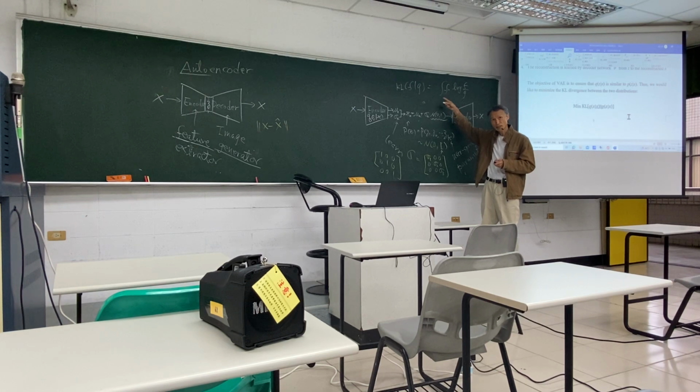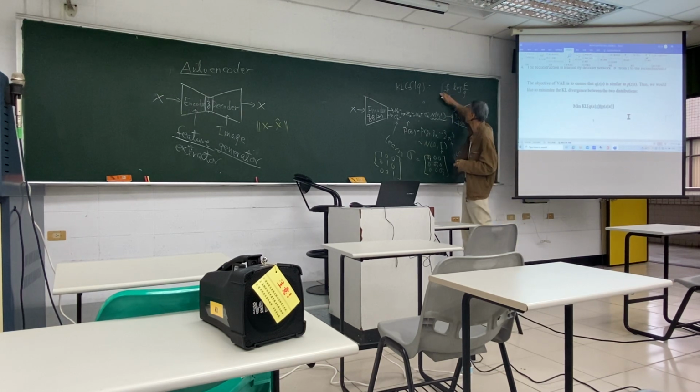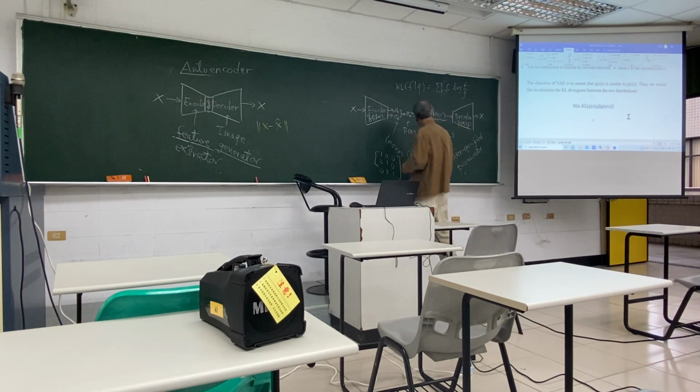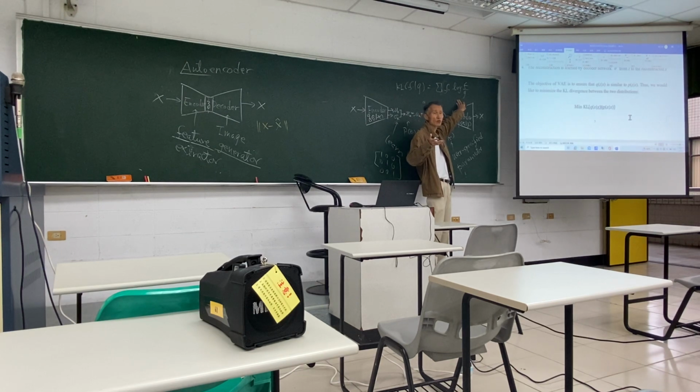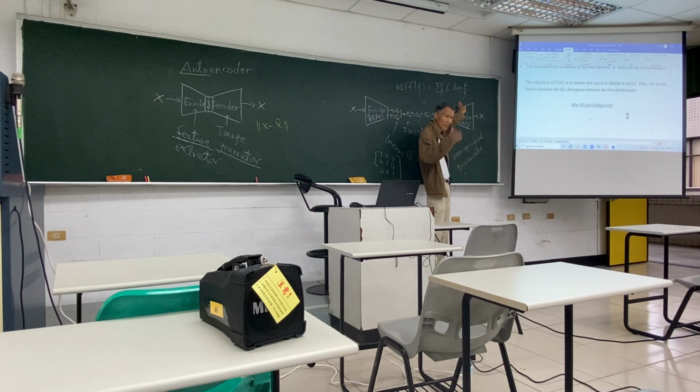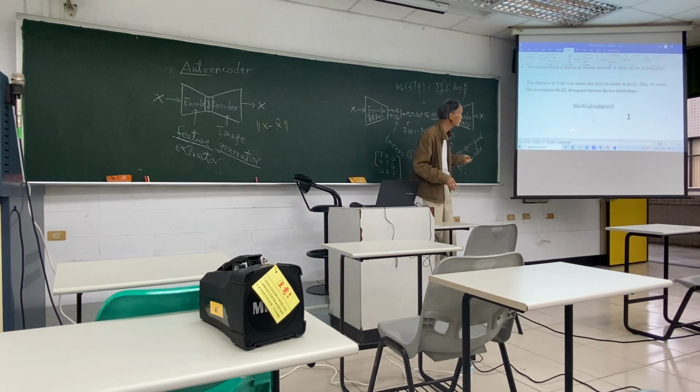This is a KL divergence. If we take it discrete, we take the summation here. So F could be the ground truth and G the observed, or vice versa.